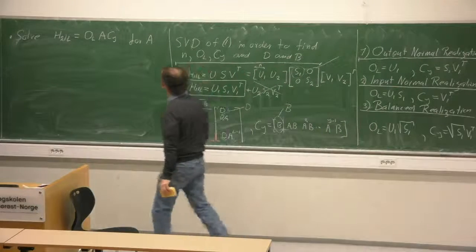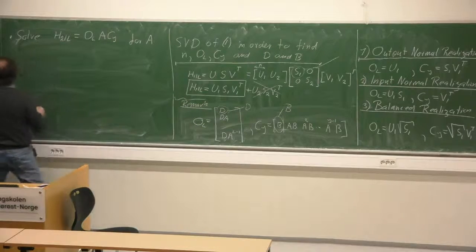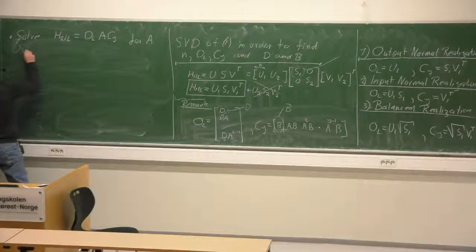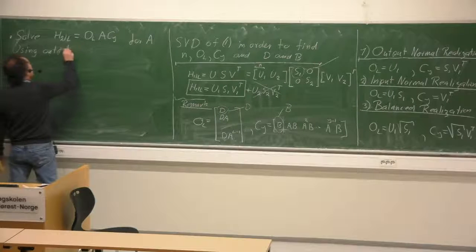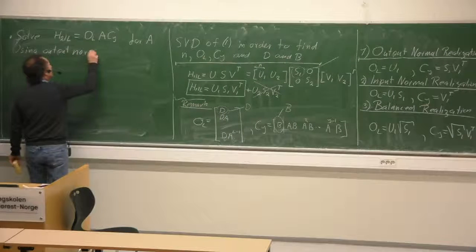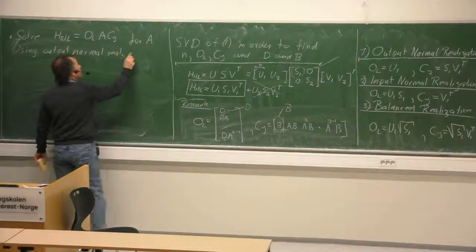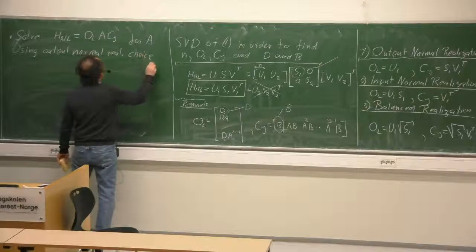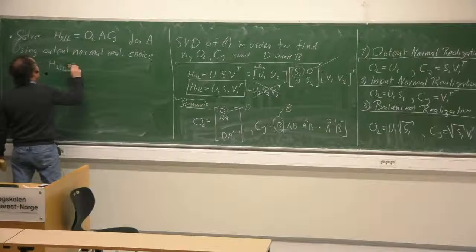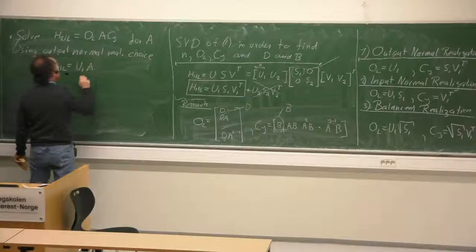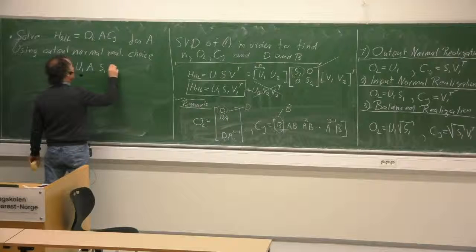Then we have from this output normal realization choice U1 times A, and C_J is S1 V1 transpose.